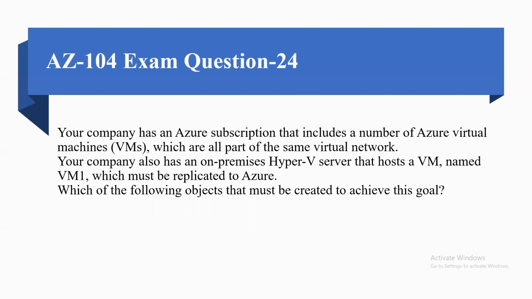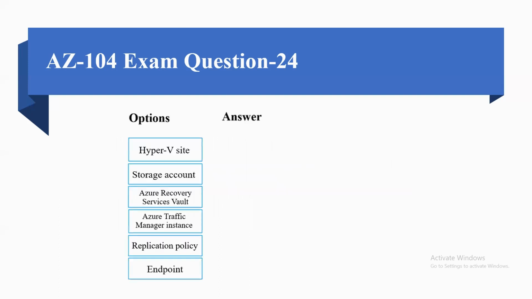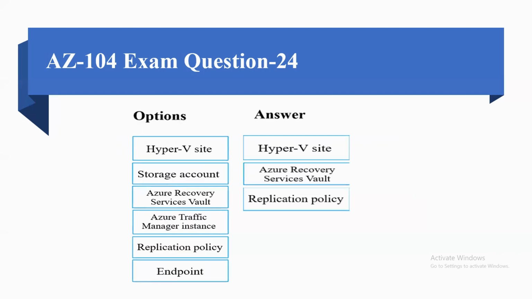Which of the following objects must be created to achieve this goal? Options are Hyper-V site, storage account, Azure Recovery Services Vault, Azure Traffic Manager instance, replication policy, or endpoint. And the correct answers would be Hyper-V site, Azure Recovery Services Vault, and replication policy.